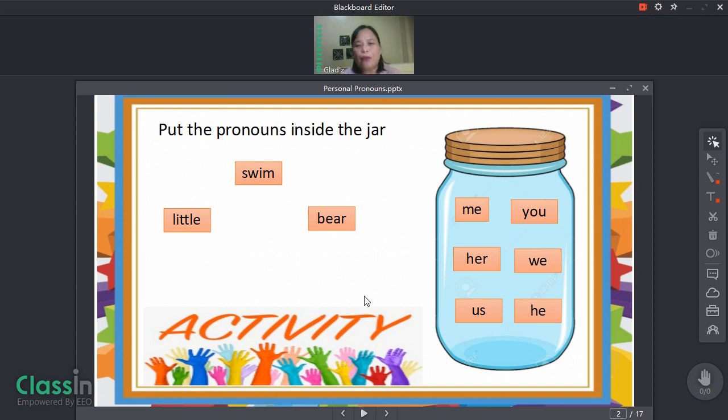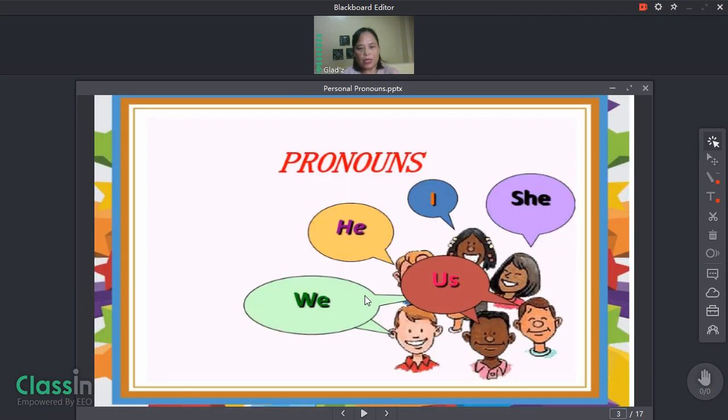By the way, class, what is a pronoun? And aside from that, those we, he, I, and she, what kind of pronouns are they? They are what we call the personal pronouns.